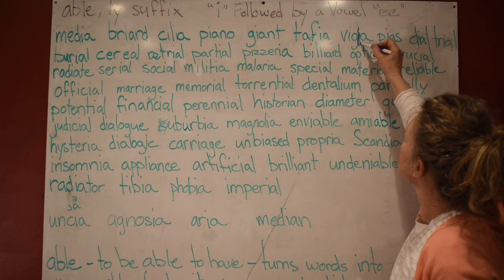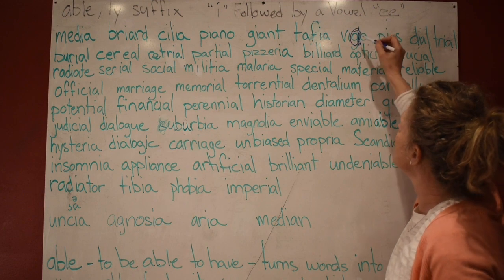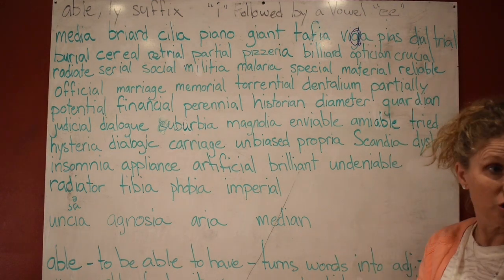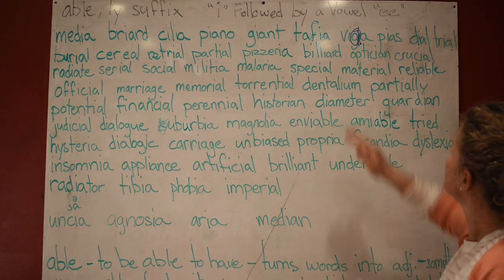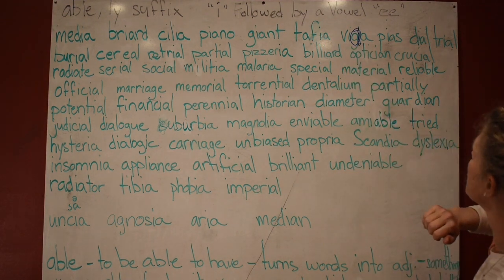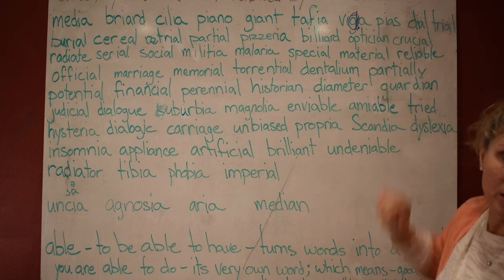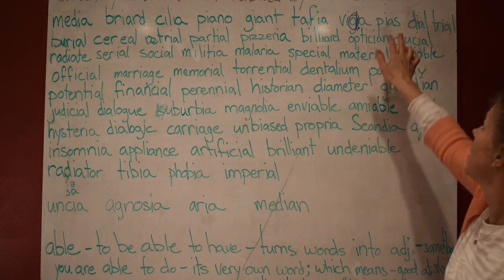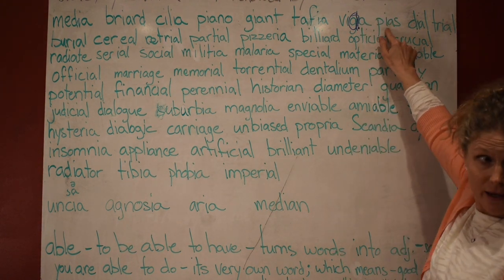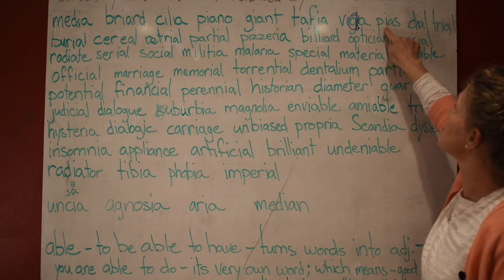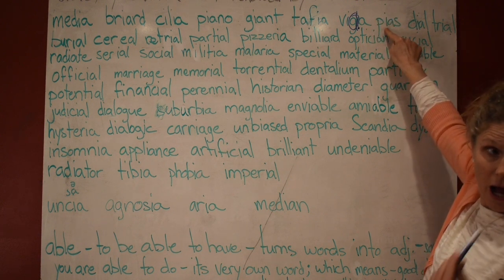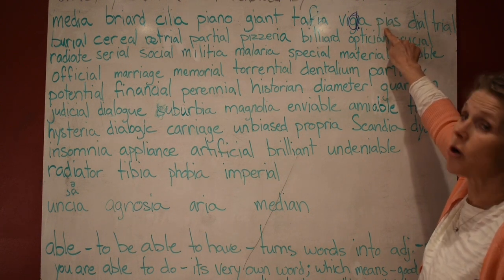This I right here is keeping this G to say J and not G. That's a little bit unusual. Pious, it's saying I because it's at the beginning. So this will help you a lot, but if you know that the I right here, the very first syllable, will say either I or I depending on if it's open or closed.